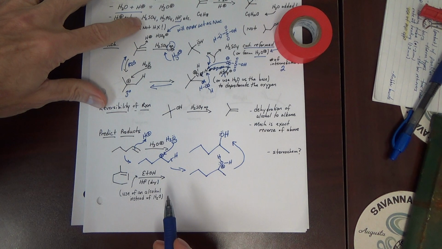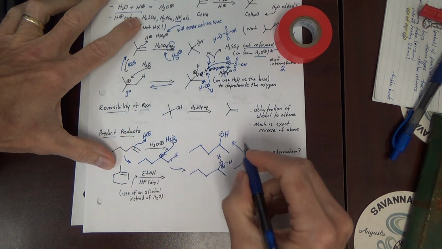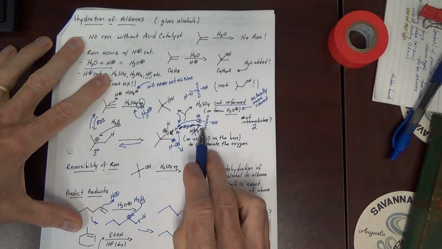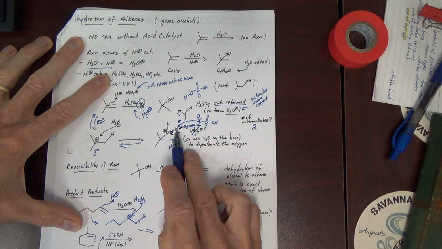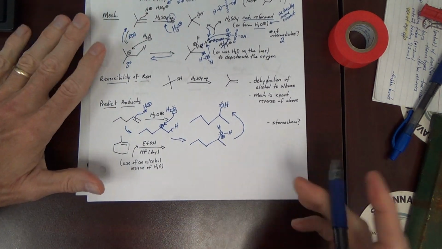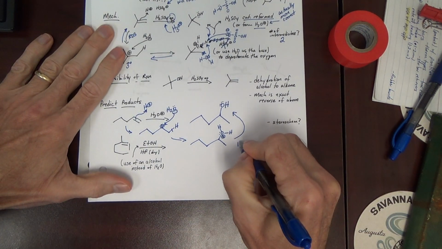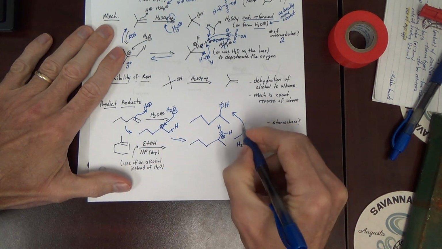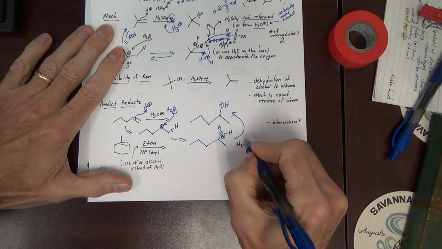Most common is sulfuric acid. So maybe you use sulfuric acid, and we could use the bisulfate anion to take the H like we did above. But since it's generic, let's just use water to take the H. Okay, there's plenty of water here. There's excess water. This is excess acid typically.